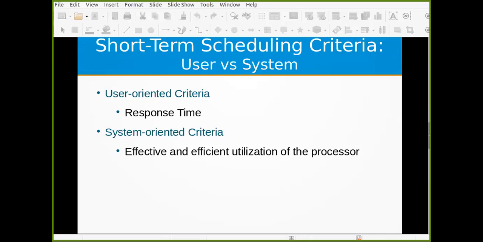There should be effective and efficient utilization of the processor. OS designers need to keep in mind, while deciding the dispatcher strategy, that the processor should not be underutilized. It should be efficiently and effectively utilized.